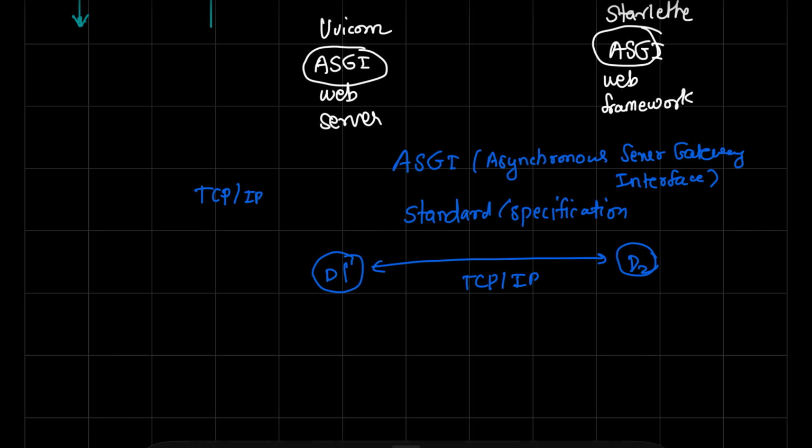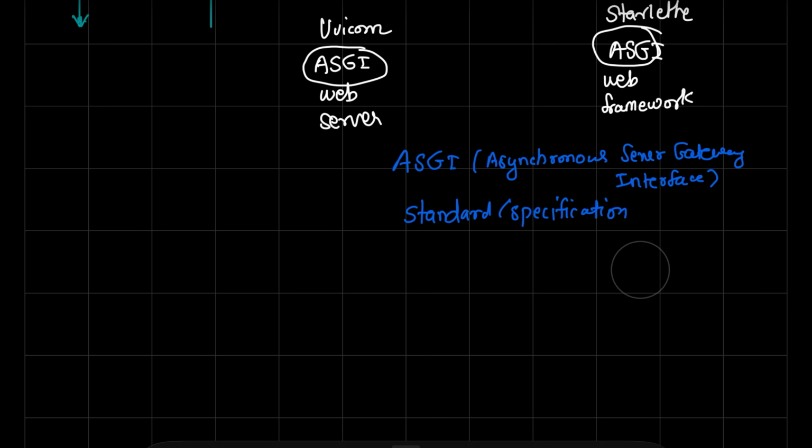If one device was following one standard and another device was following another standard, then communication would not be possible. So ASGI is a standard that both parties follow, that we will communicate in this manner only. So this is all about ASGI. Nothing much more is there.